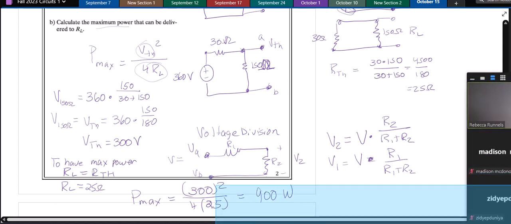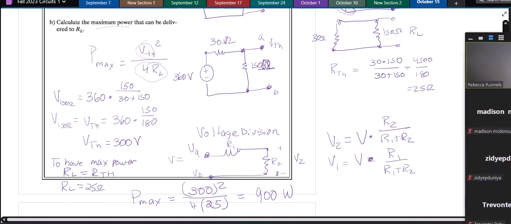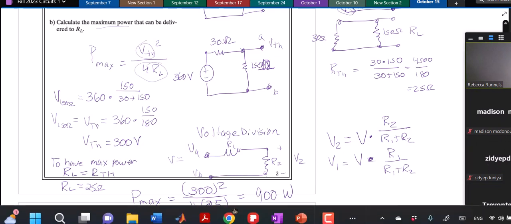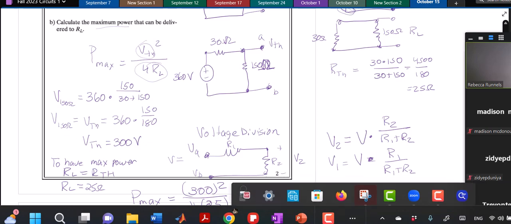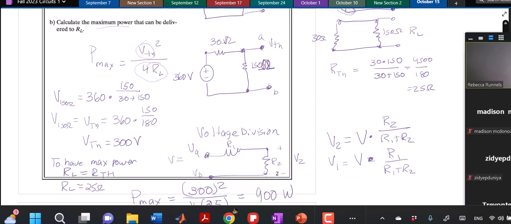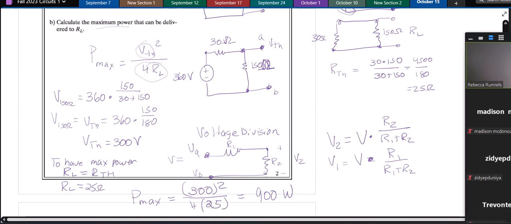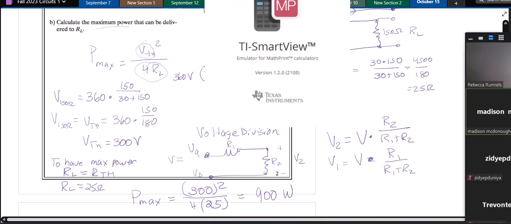Does anyone do it on their calculator and get 900 watts? Yes, it's 900. Okay, good.